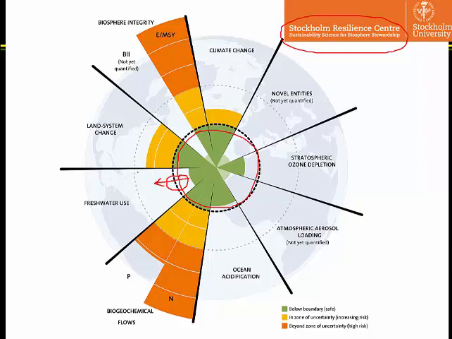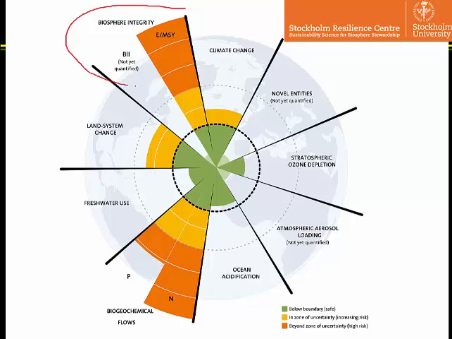You cross this outer dotted line that you see over here, and you're crossing into very vulnerable territory where we simply don't know all of the negative consequences that we're going to have with the depletion of that resource or the degradation of that process on the planet. And of course, the reason that we're talking about this again is because this has a lot to do with extinction. This wedge up here that I'm circling, biosphere integrity, if you were to look up in the liner notes, if you will, for this figure, these values here are about biodiversity.